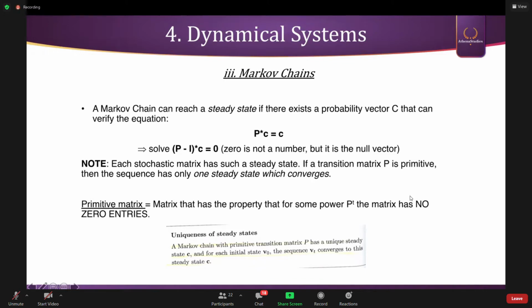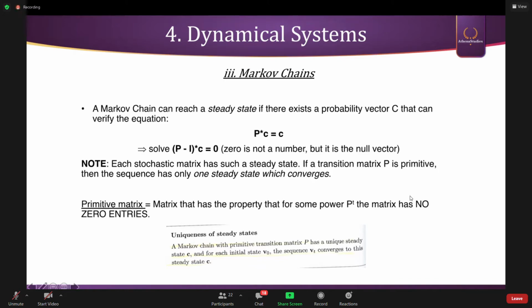Now, you're going to ask me, what is a primitive matrix? A primitive matrix is a transition matrix which has the property that when it is raised to some power, it has absolutely no zero entries. What is a zero entry? It means that the numbers inside the matrix are different from 0.